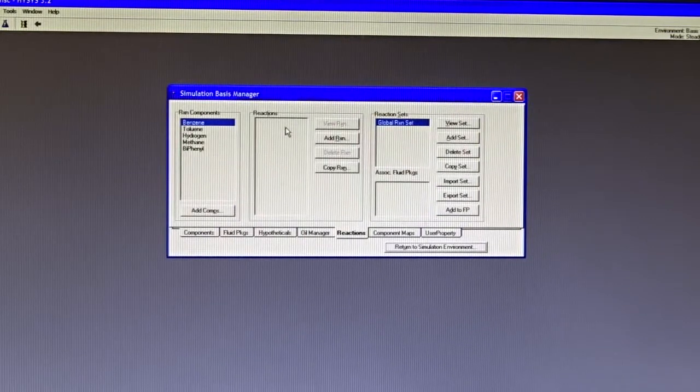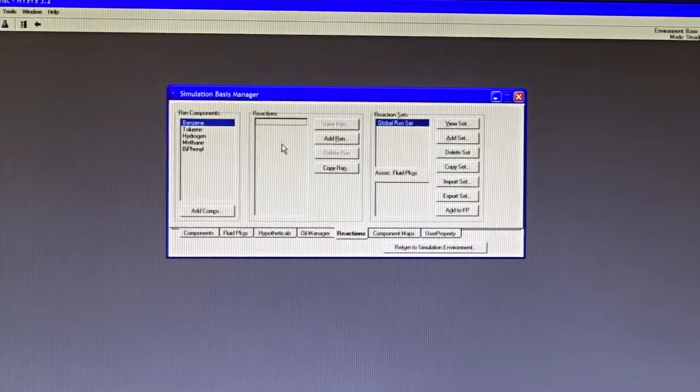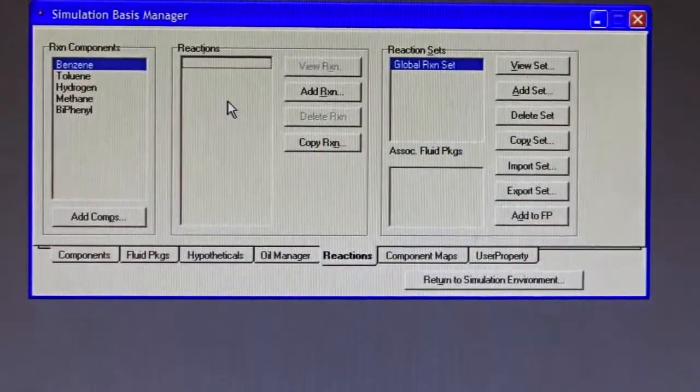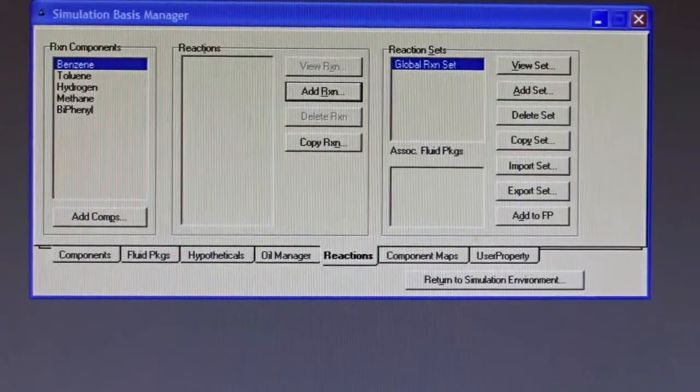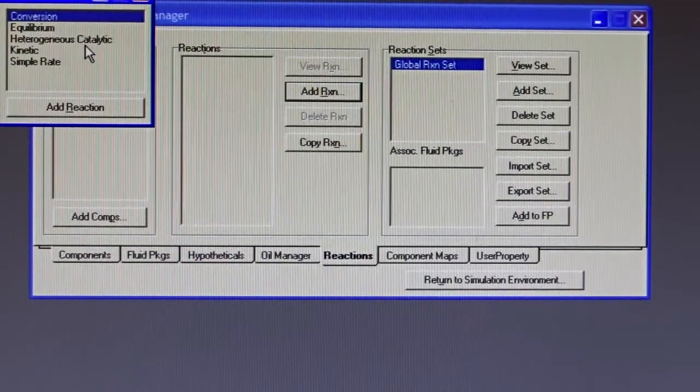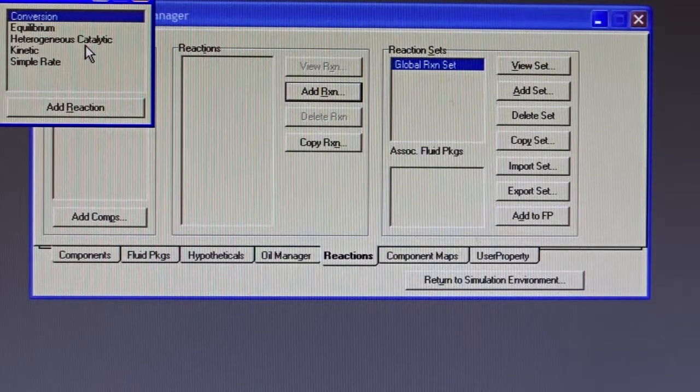If I click on reactions, notice now in the reaction box I don't have any reactions available. All I need to do is do what? Add a reaction. HYSYS has so many types of reactions, whether in the older versions or the newer versions, more than just those 5 that are available: conversion, equilibrium, heterogeneous catalytic, kinetic, or Arrhenius rate.